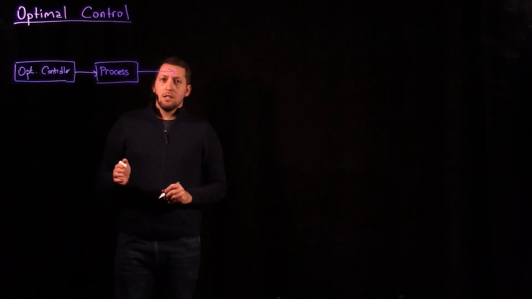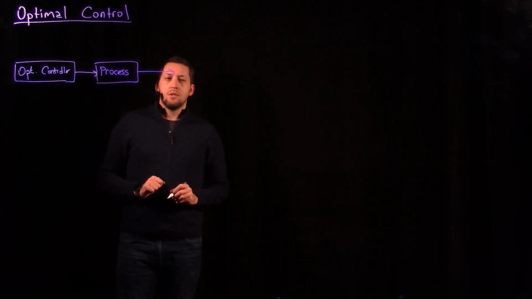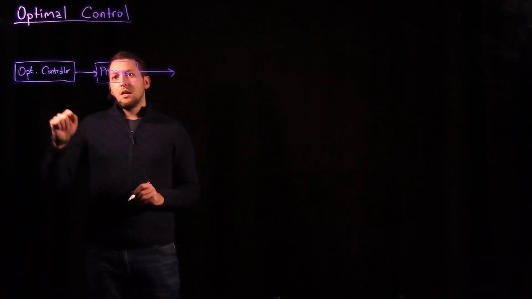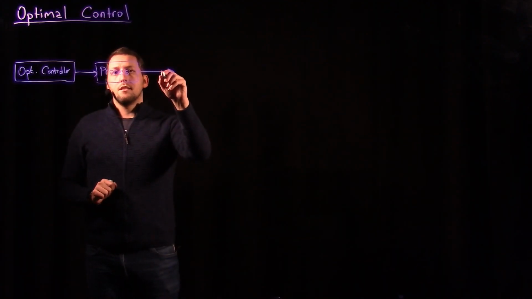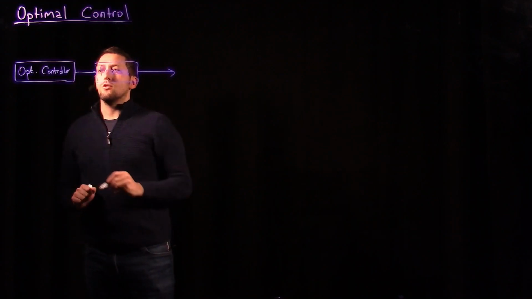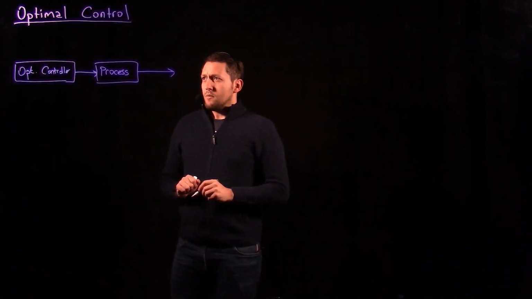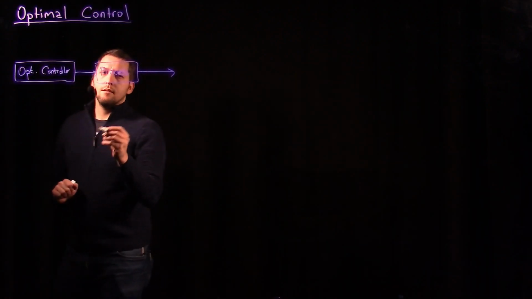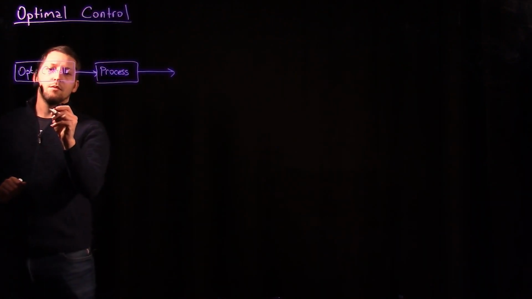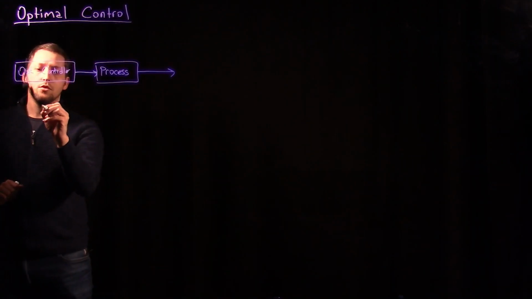As you can see, this is an open loop system because there is no feedback loop that feeds the output back to the controller or any other place. As it is, this can be named the optimal open loop control.